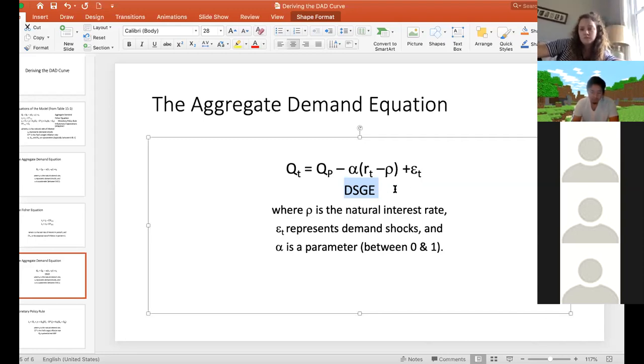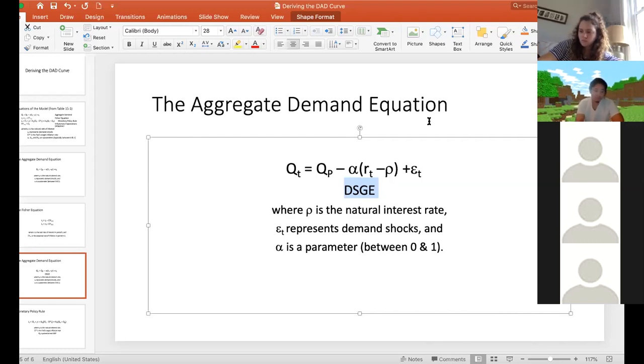So as elegant as they are, they didn't work just when we needed them to. But in any case, the DAD-DAS model is a somewhat simplified, slimmed down version of these models.